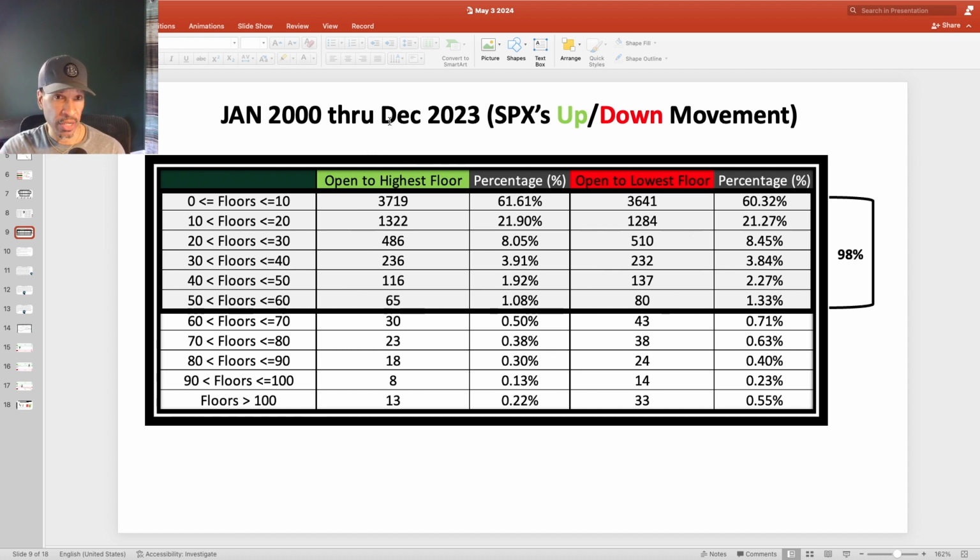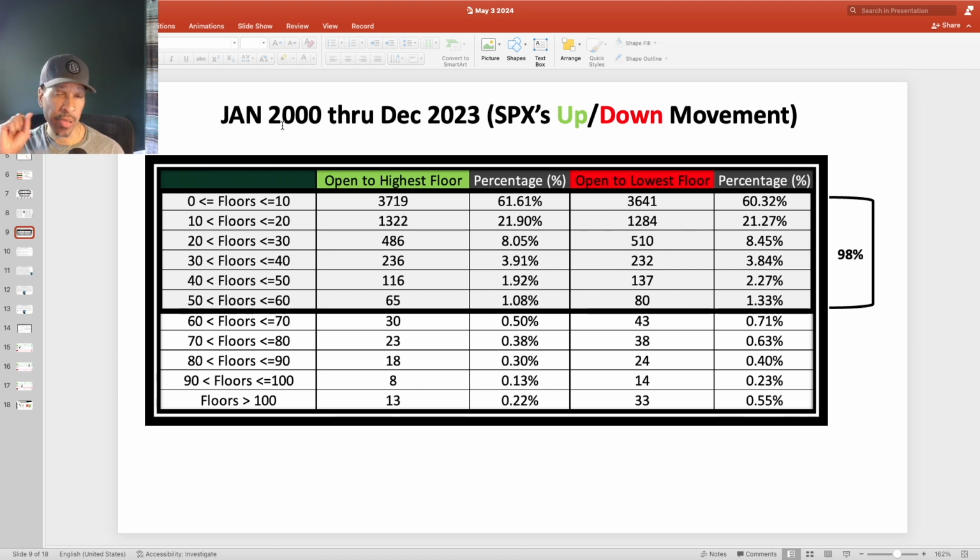So looking at 23 years of SPX historical data, the SPX will make a 30-point move or less above the opening price the majority of the time. And so the fact that I like to wait until the 20-point move, essentially when that move takes place, that is the majority of the move to the upside, oftentimes, but not all of the time. But that is the majority of the move to the upside for the SPX.